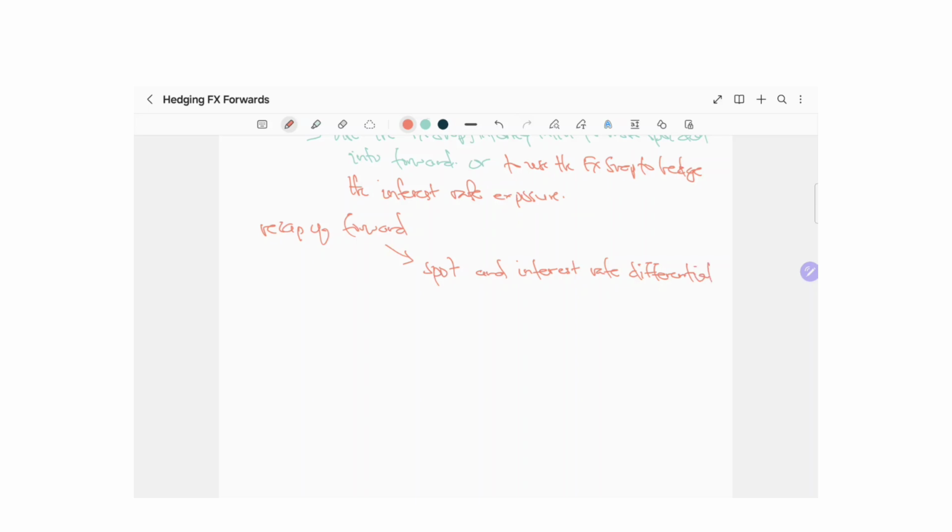And that is why in hedging the exposure, you first have to close the spot leg using the spot market, and you close the interest rate differential using the FX swap or money market. Right, that's a bit of recap.